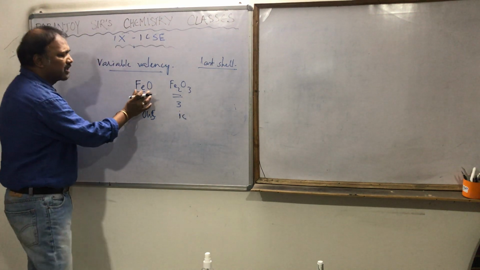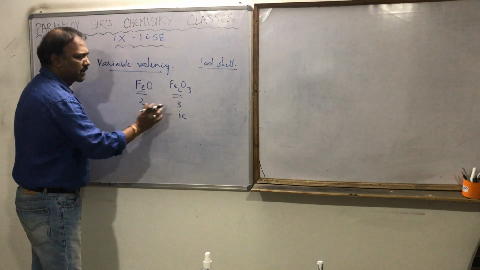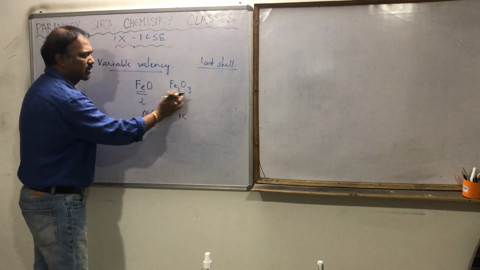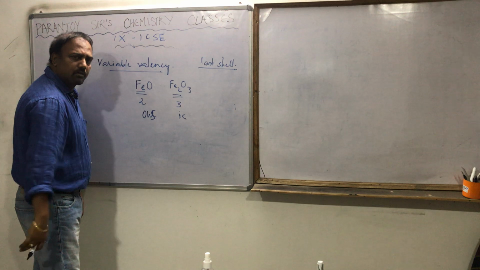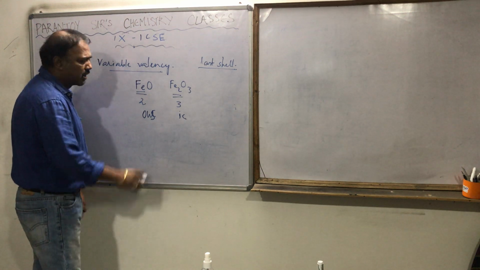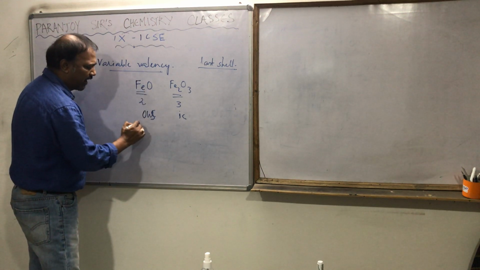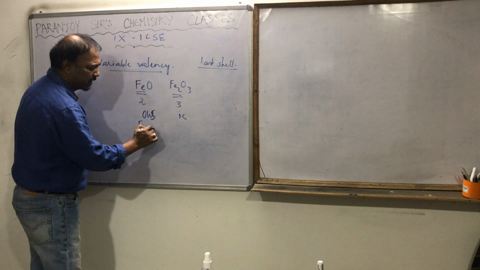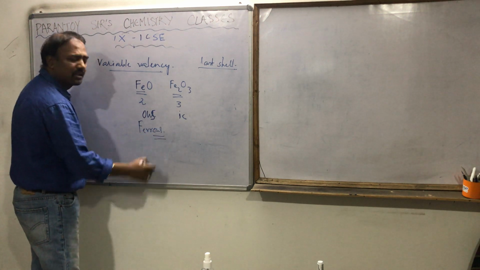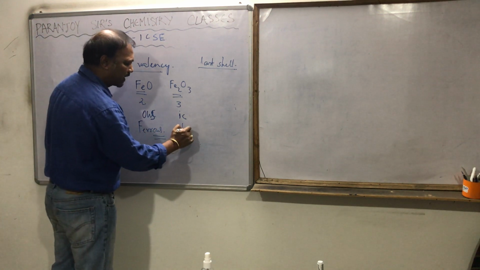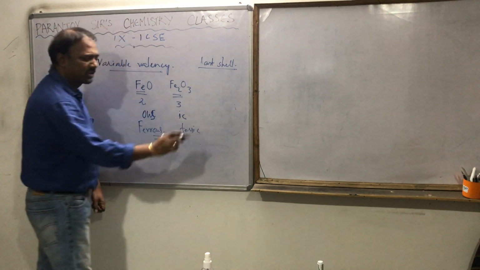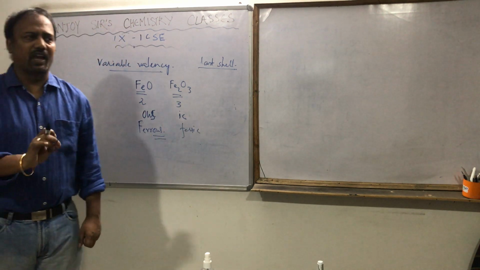So the name of this oxide, how to distinguish between them? We cannot say both are iron oxide. So this is known as ferrous oxide. Ferrous, you see, -ous is the suffix, and this is called ferric oxide. Okay, so ferrous and ferric.